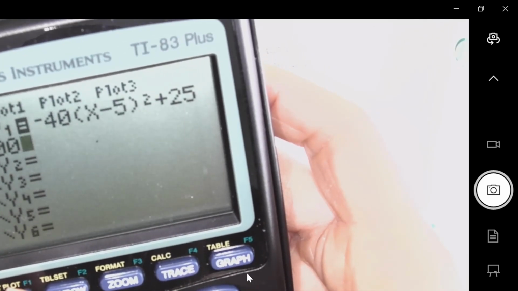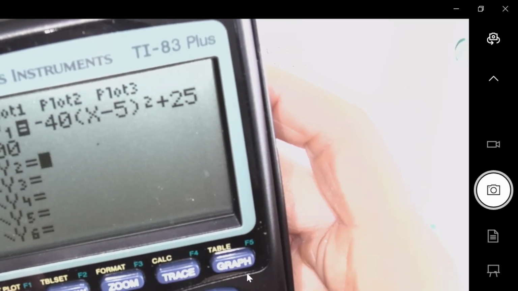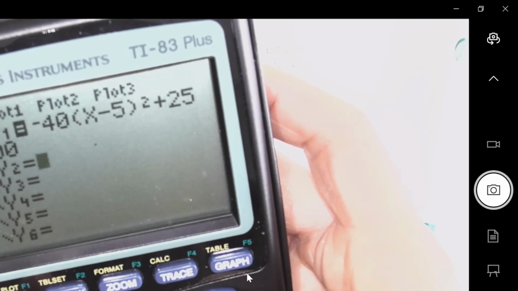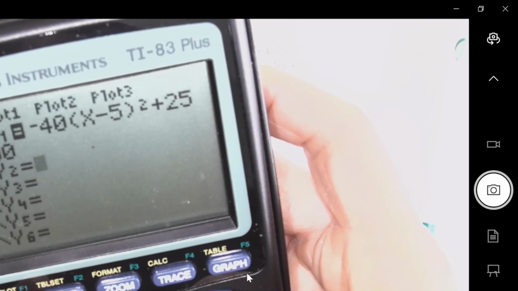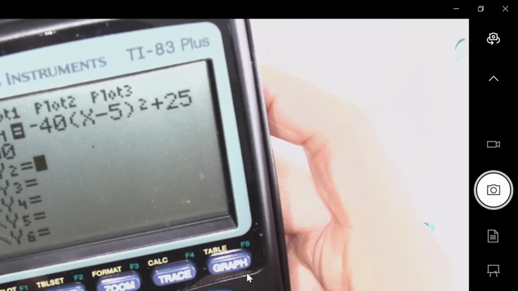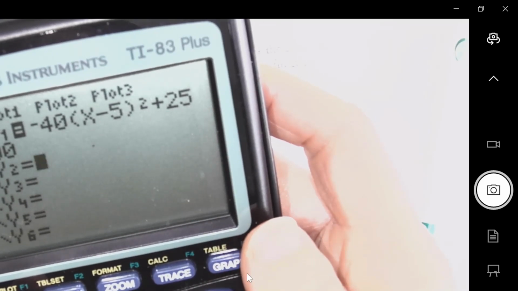Make sure we have the same thing typed in there. Oh no, it's still the same. Go back to your Y screen. Is it this? Negative 40, bracket, X, subtract 5, bracket squared, plus 25 with 3 zeros.